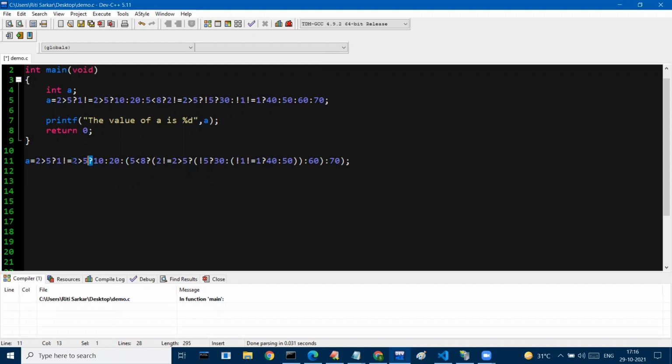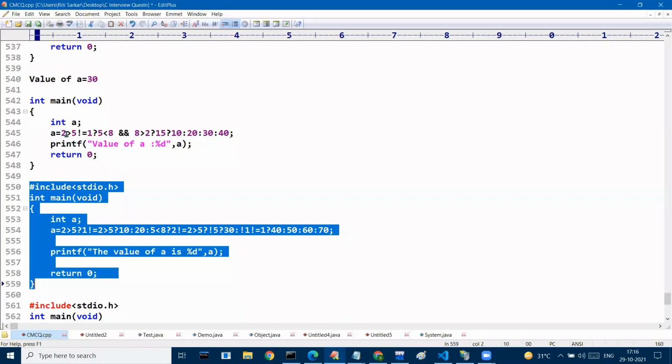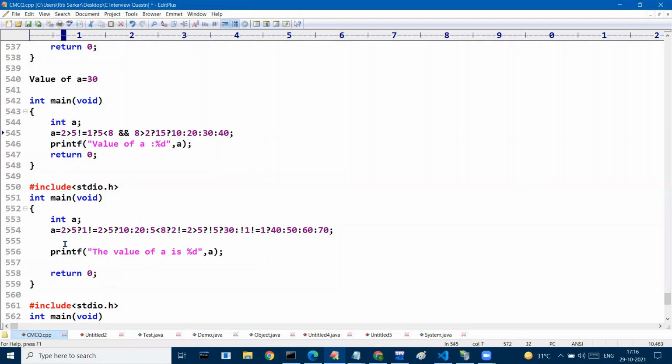And see here, 2 greater than 5. Asking sign, 2 greater than 5. Acha, here I think there is a mistake. 2 greater than 5, how many times is it there? 1 minute, let me verify it once.